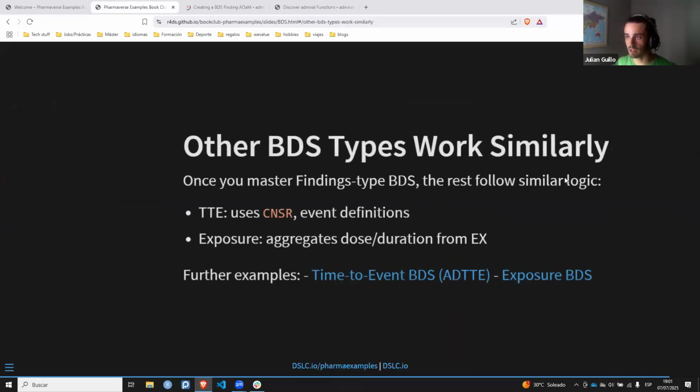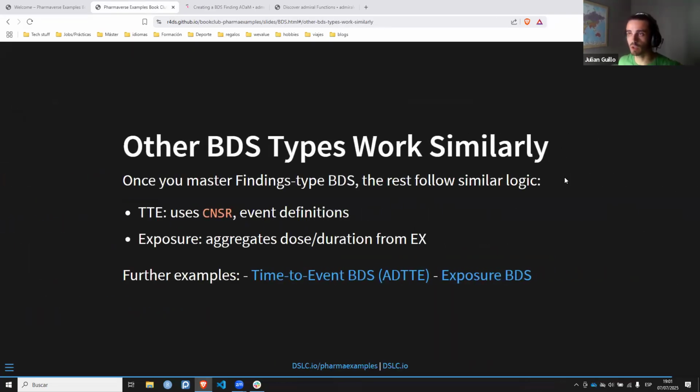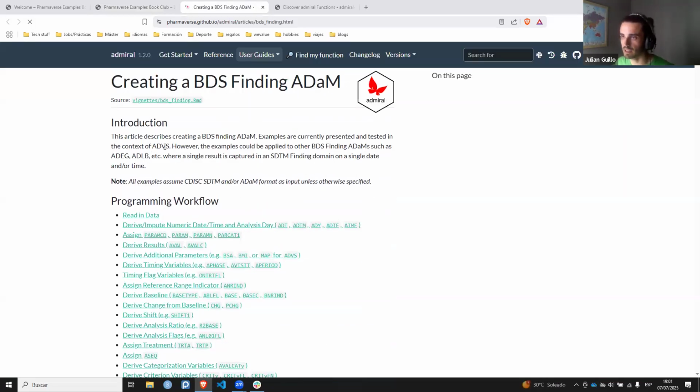And just a quick note that we're going to see just one BDS, like the vital signs one, but the workflow is very similar for the others. We're going to be deriving from different SDTM domains or from ADSL using Admiral functions.